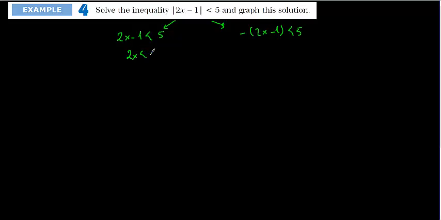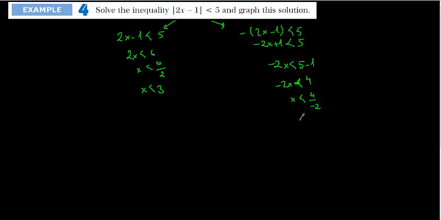So 2x is less than 6, x is less than 6 over 2, and x is less than 3. Minus 2x plus 1 is less than 5. Minus 2x is less than 5 minus 1, minus 2x is less than 4, and x is less than 4 over minus 2.